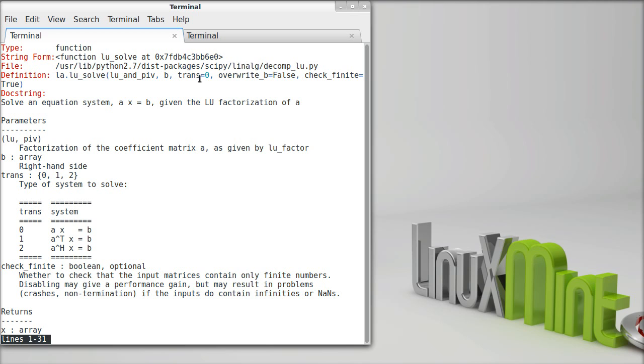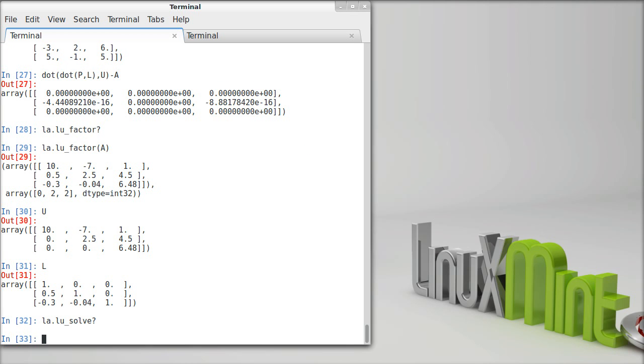Again, there are details about this transformation if we wanted to solve not just AX equals B, but A transpose or A adjoint, the Hermitian adjoint. We could do that. Again, for our purposes, we don't need to worry about that. We're just going to solve AX equals B, and it's set up to do that. So this LU PIV is this tuple LU comma PIV, exactly the thing given to us by LU factor.